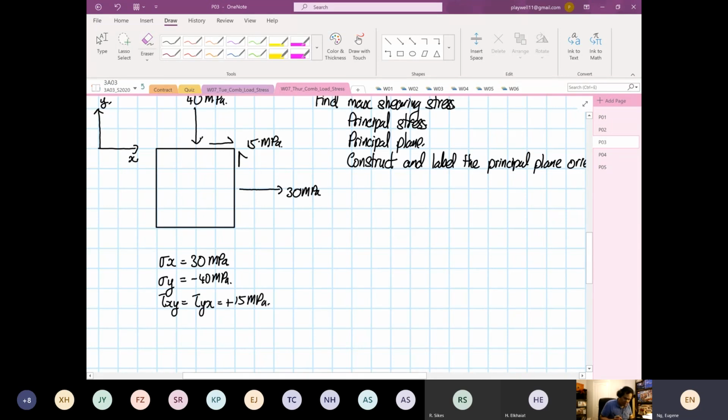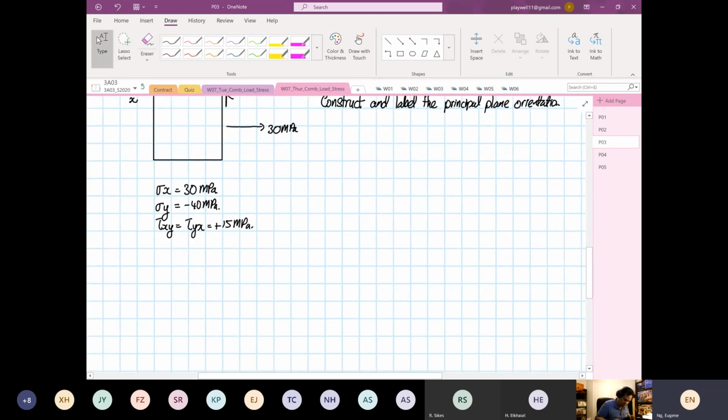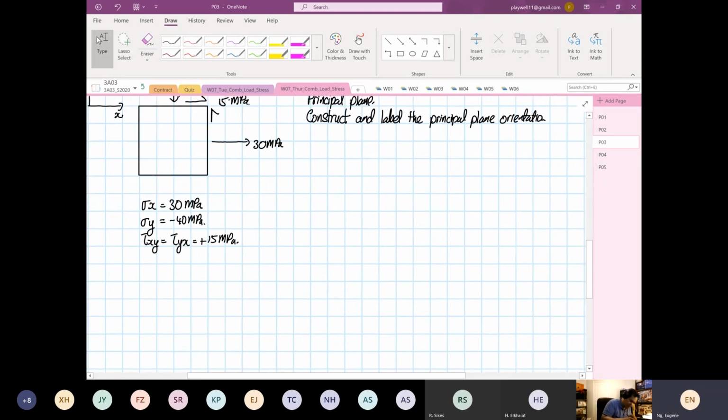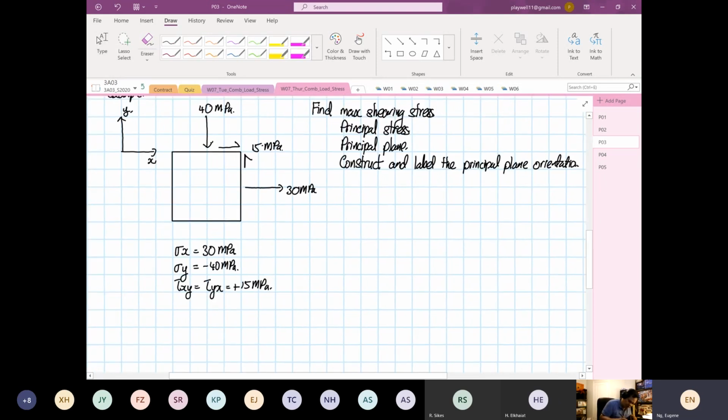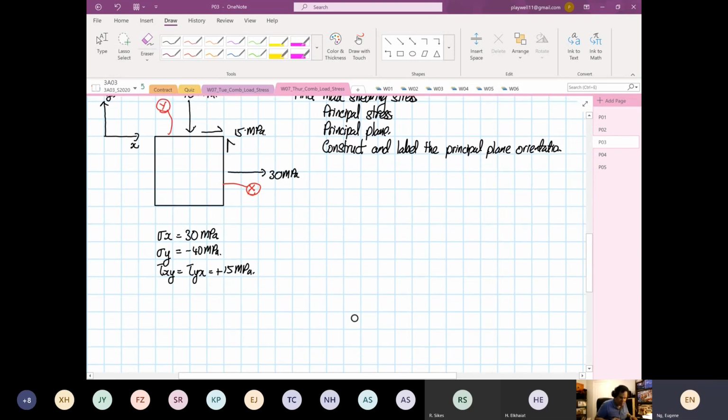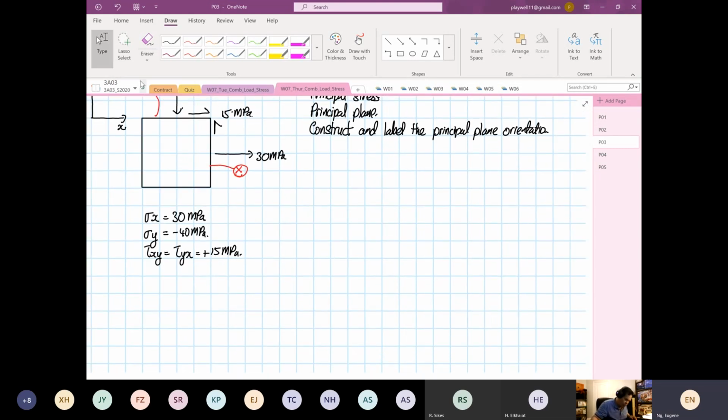But like what we saw before, positive shear, negative shear does not really matter at all. So then the first thing we do, standard operating procedure, you label this as X, and you label this as Y, and then you draw your Mohr circle.